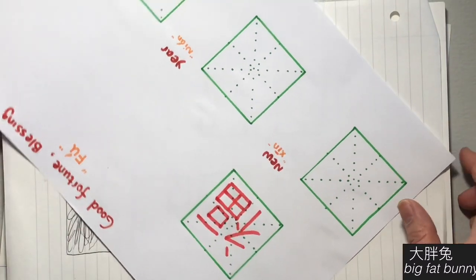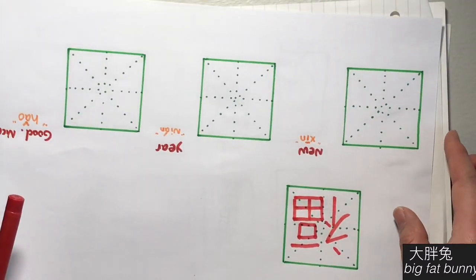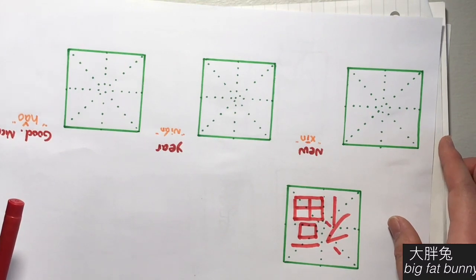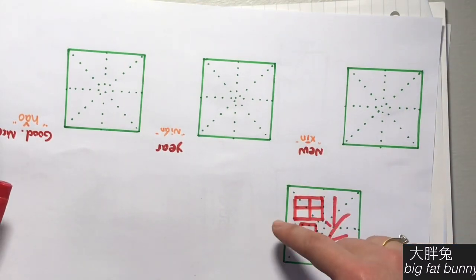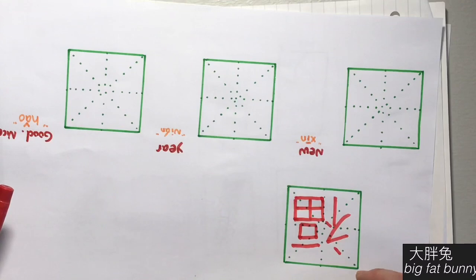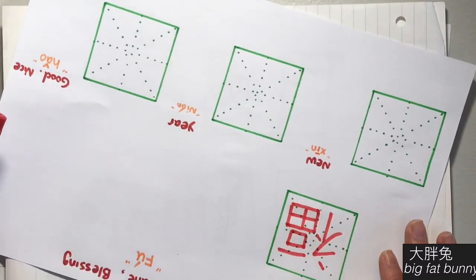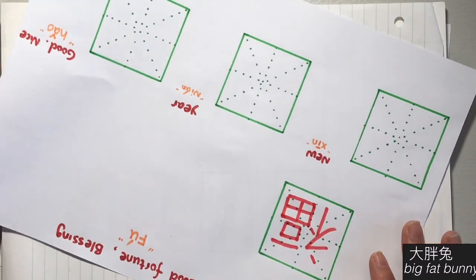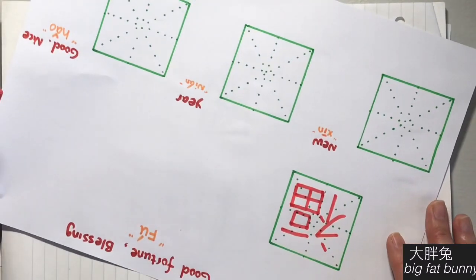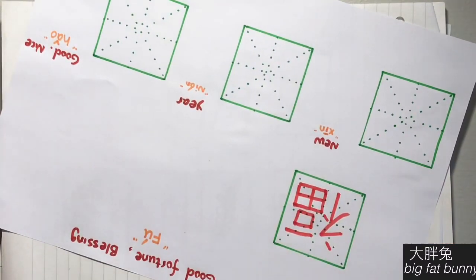Upside down in China also means arriving, so blessing upside down also means blessing is coming. That's why everybody likes to hang this up upside down.